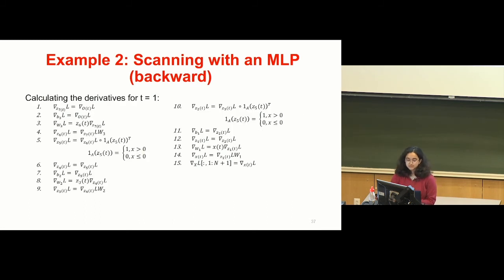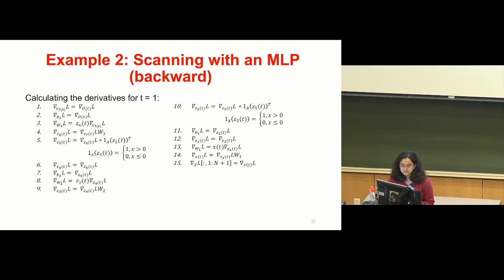At time step 1, I won't be repeating the steps that he did earlier, so we'll get more or less the same equations. They all look the same, except that we've indexed the Zi's, the input and the OT with the index t, because it's happening at time step t equals 1.